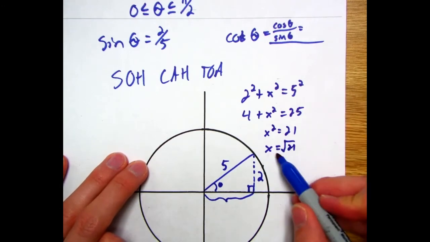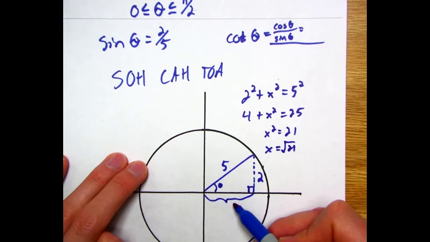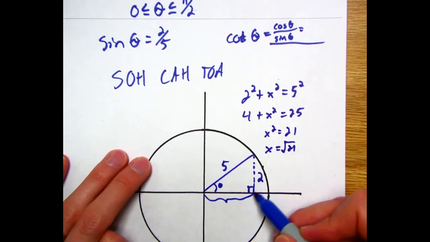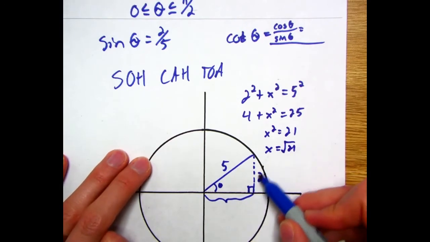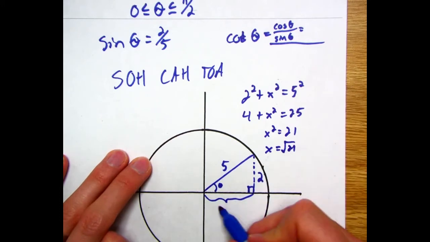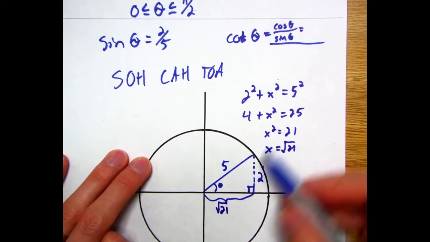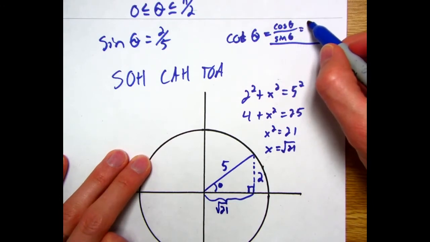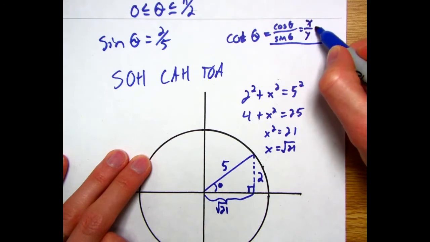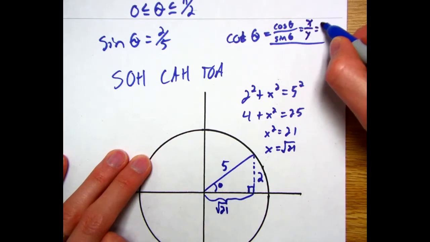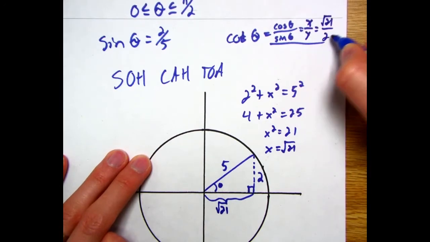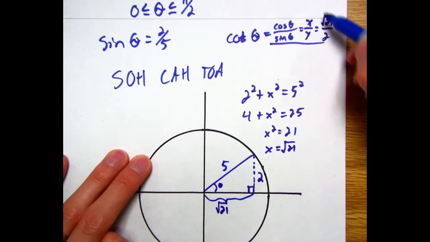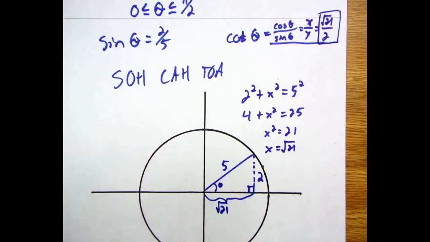If x is the square root of 21, that means my cosine value is essentially the square root of 21. And I know my sine value was 2, so here's square root of 21. So if I want to find cotangent, I'm going to do cosine over sine, which is the same as x over y, which is radical 21 over 2. And that would be an exact answer for that particular situation.